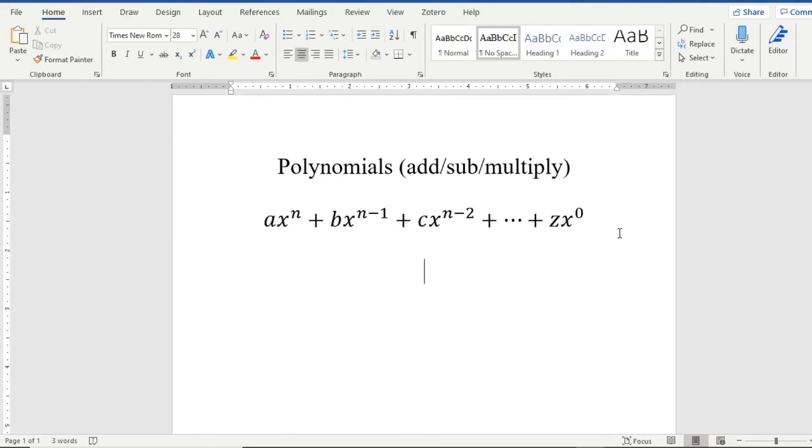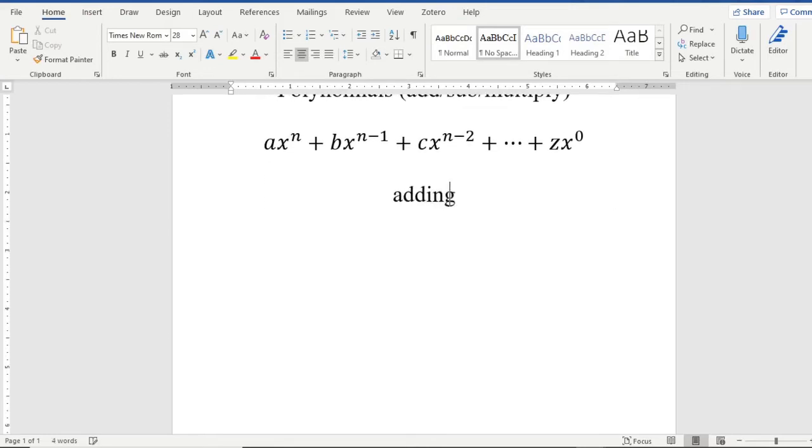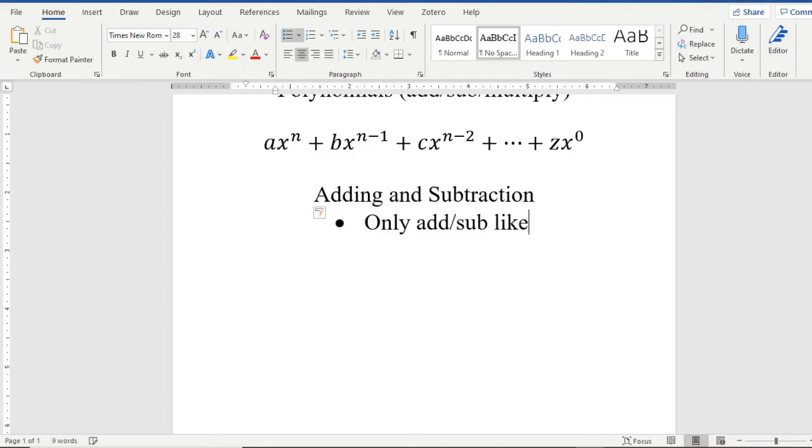So to add these together, or to subtract these, adding and subtracting, there are a few things that need to be met. Some rules and restrictions. We can only add or subtract like terms. That's the one main rule for adding and subtracting.